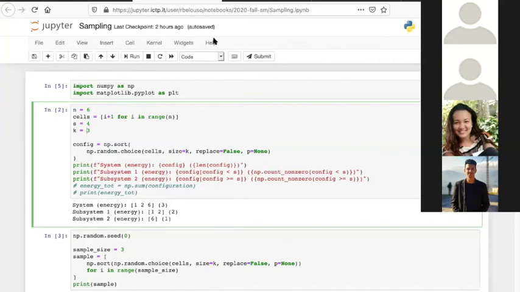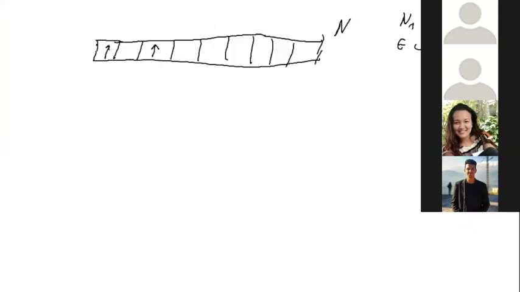Okay, let me switch back to the whiteboard. This capital N was in the lectures. Here we have capital N, and each cell is numbered: 1, 2, 3, 4, 5, 6, 7.